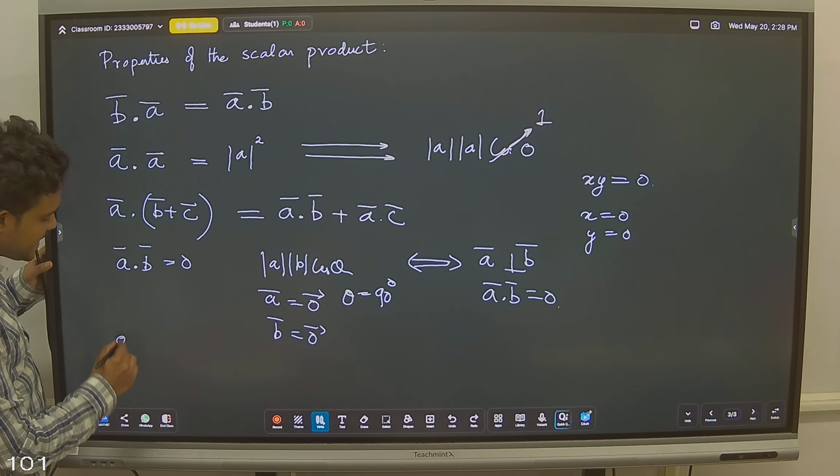What can you say if I tell you that A dot B is less than 0?